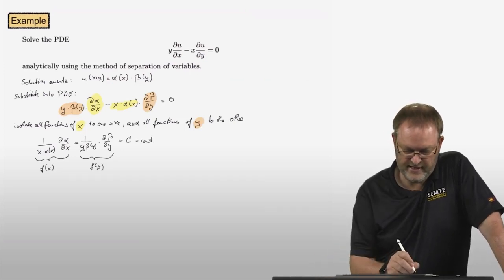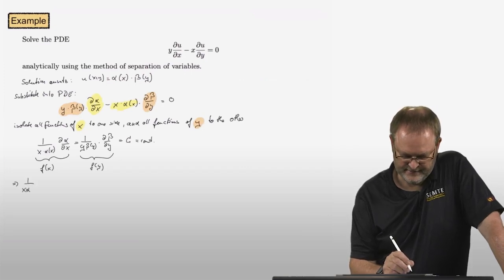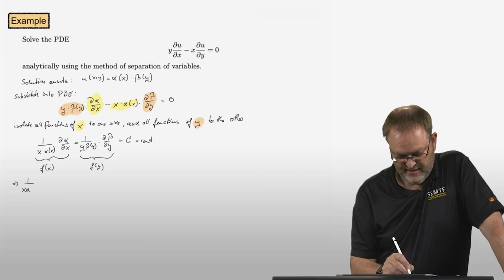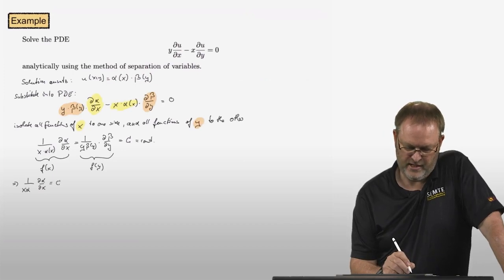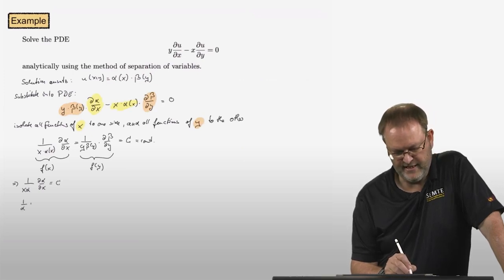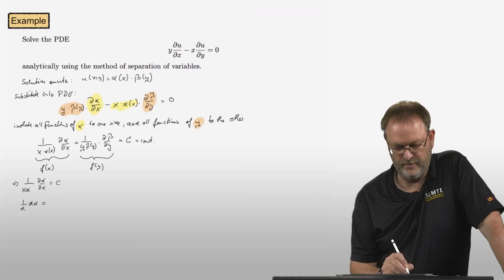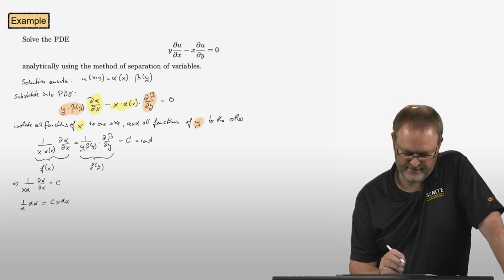So that means that 1 divided by x times alpha times d alpha dx is equal to the constant. So then let me bring the x and the dx over to the other side. So I have 1 over alpha d alpha is equal to c times x dx.